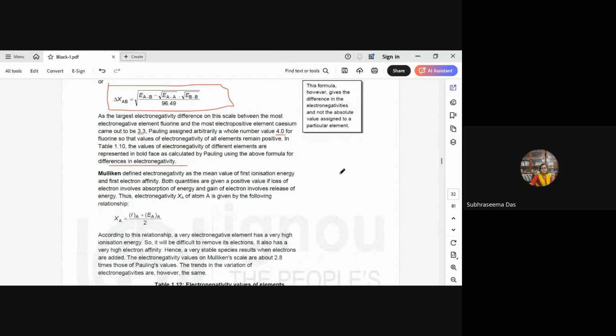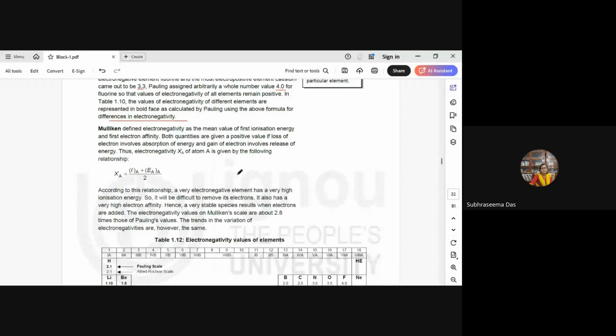Then this formula was improvised, and Mulliken further improvised it and gave a very simple formula. Chi of A for an element A is calculated as the ionization potential of A plus the electron affinity of A, divided by 2.